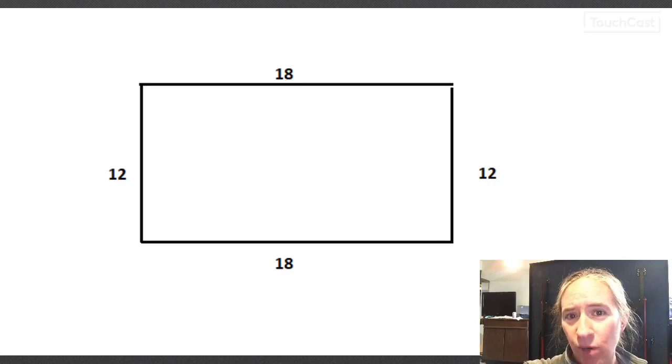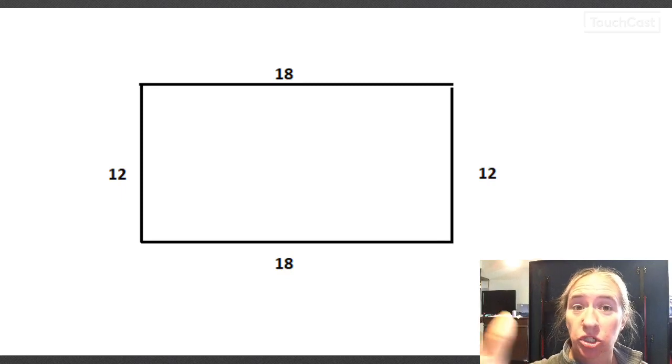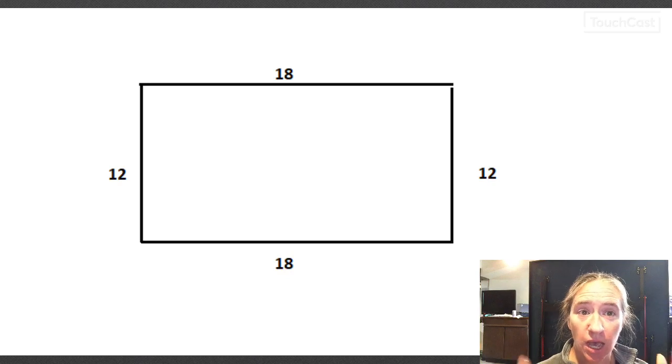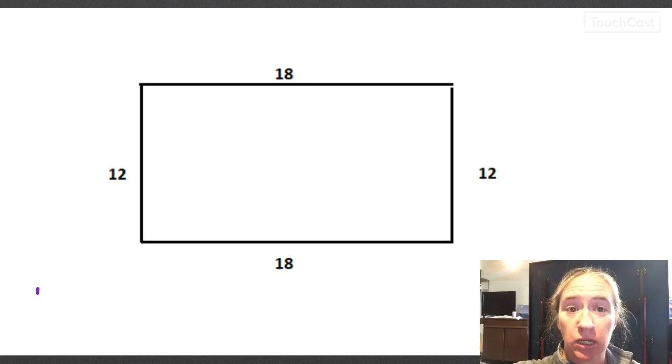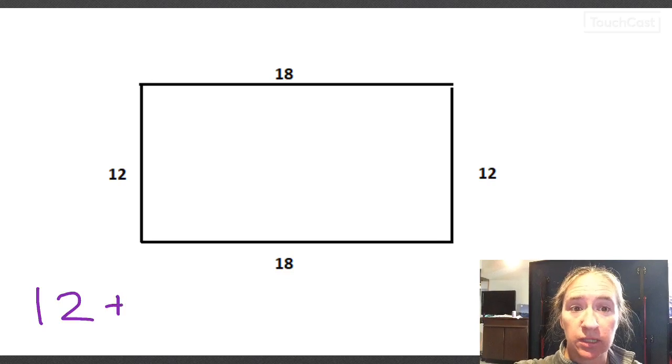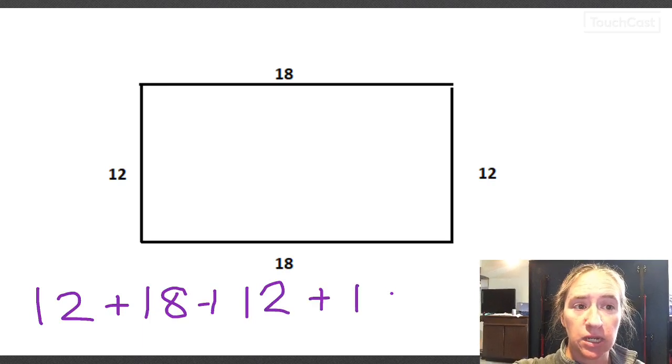This is a rectangle because it has two sets of parallel lines and opposite sides are equal, and it has right angles. So if I was going to find the perimeter of this shape, I could write 12 plus 18 plus 12 plus 18.